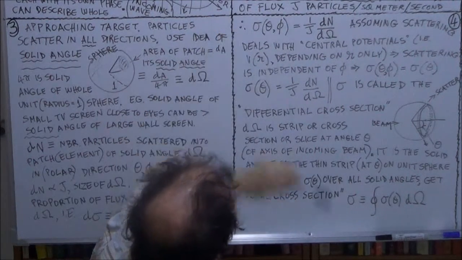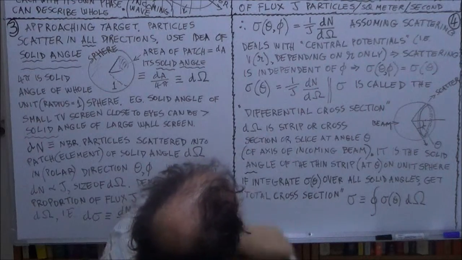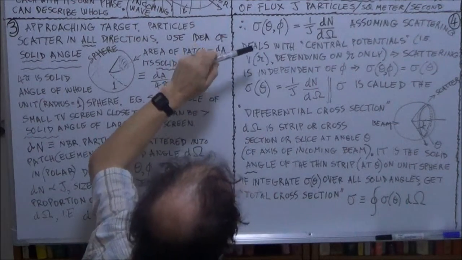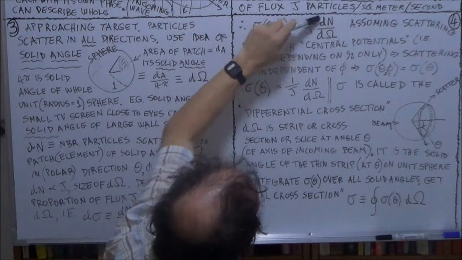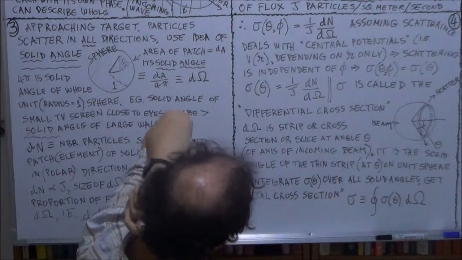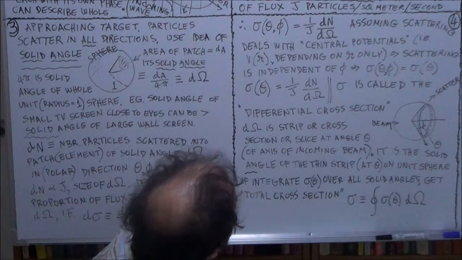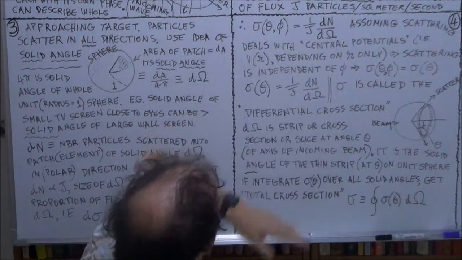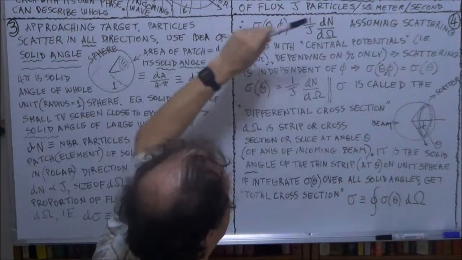Now it's not as intuitive. It's called the differential cross section. The differential part's easy because here you're differentiating, so the adjective makes sense. But why is it a cross section? Well, I need to explain a bit more. There's still another stepping stone needed.